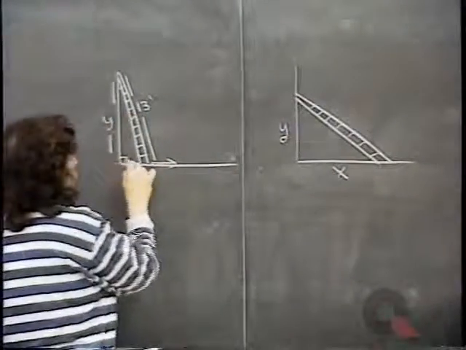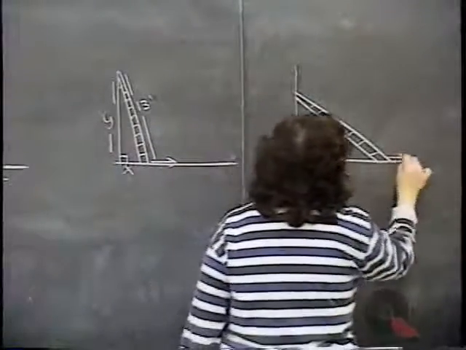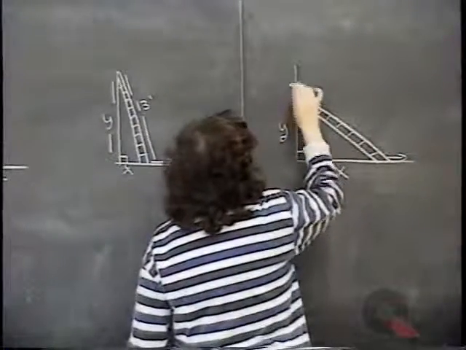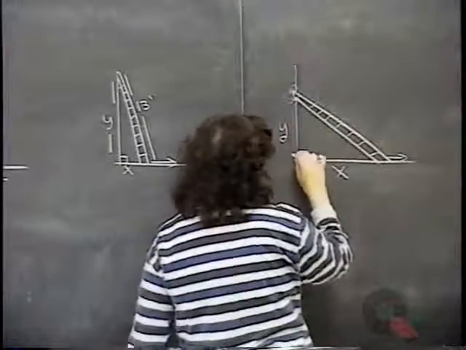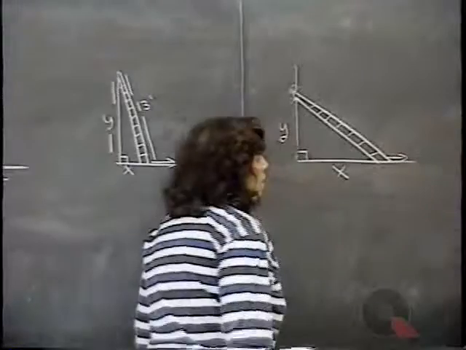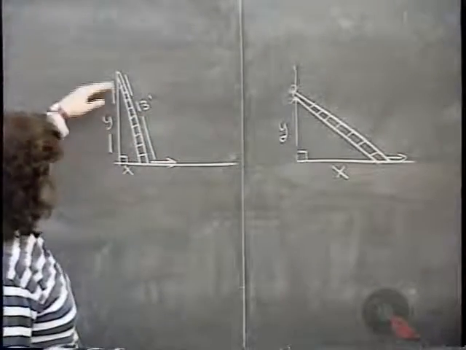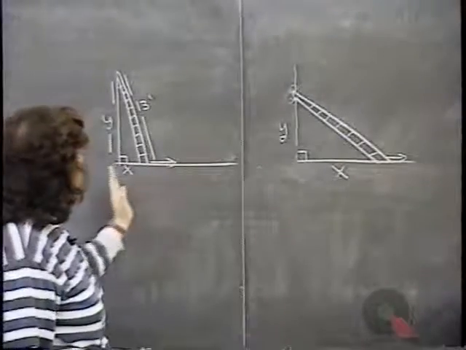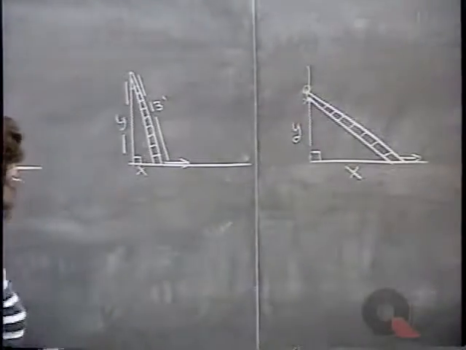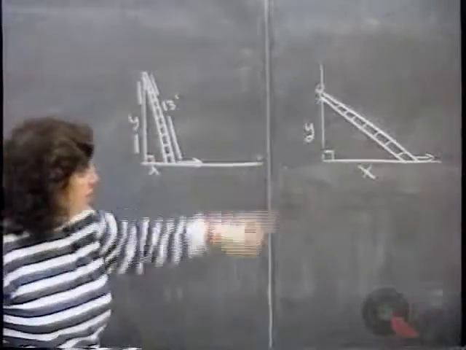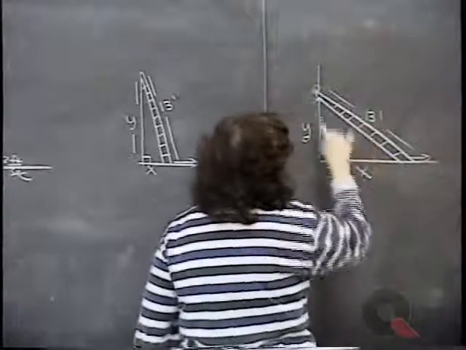We have still a right triangle. And eventually the man is going to fall to the ground, and the ladder is going to be flat on the ground. But right now, you see what's happening? y is decreasing as we pull the ladder out, and x is increasing. So the 13 feet, the length of the ladder, does not change, but x and y are changing.